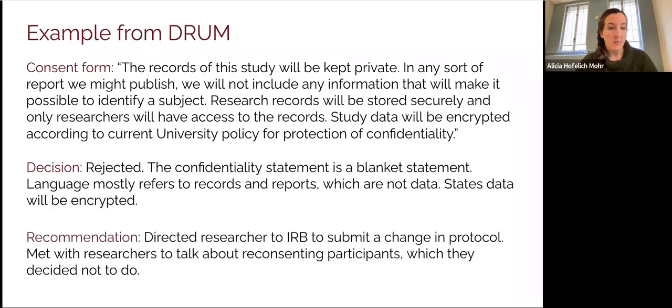So we talked about sending to the IRB to change the protocol, and met with researchers about reconsenting. The other thing we have done in this situation is redirect them to other repositories that do have restricted access, where they can ensure that the data will be used for research purposes only or only by researchers that have some sort of vetting. So that's often what we do in this situation as well.